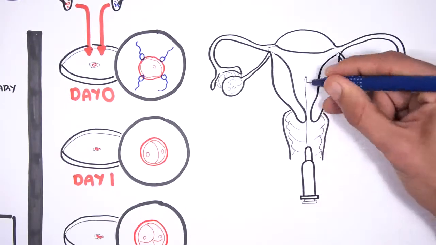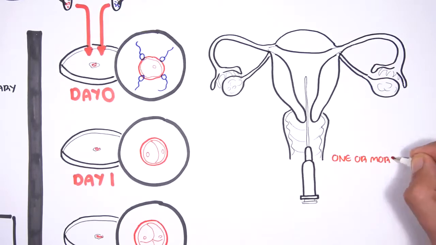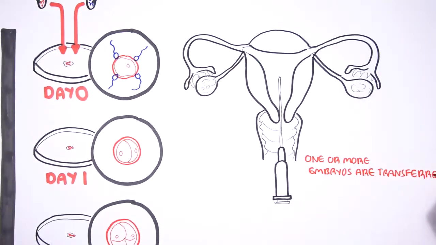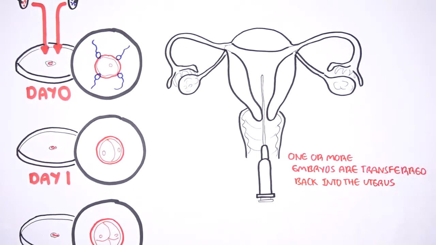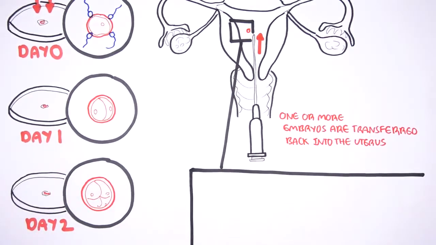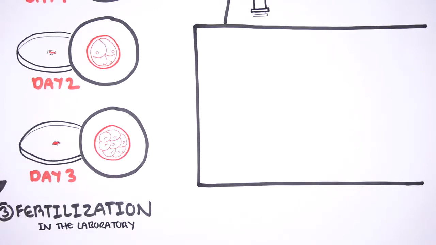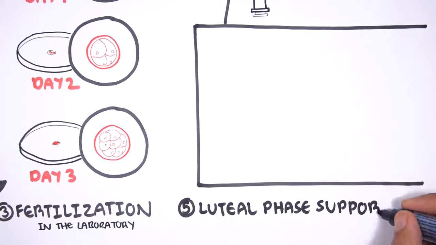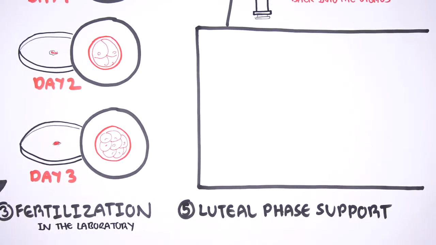During embryo transfer, one or more embryos are transferred back into the uterus about 3 to 5 days after the oocyte has been collected. Once transferred, the embryo can then implant into the inner lining of the uterus, called the endometrium. Once this occurs, the final step of in vitro fertilization, which is luteal phase support, takes place.